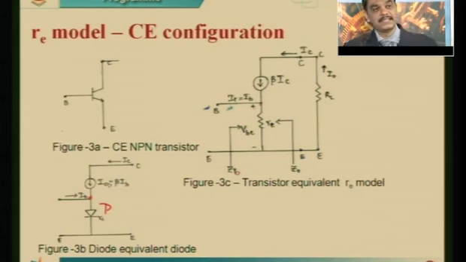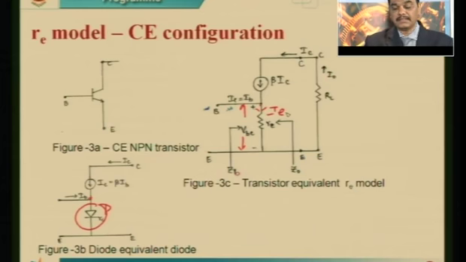Therefore IC is equal to beta times IB. This equivalent model is used for analysis when the diode D is replaced with re from the previous discussion, with voltage drop VBE across the base emitter junction and the current flowing through the emitter resistance being IE.